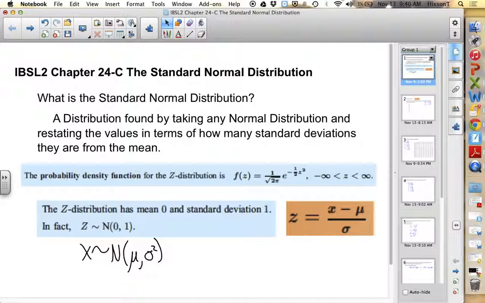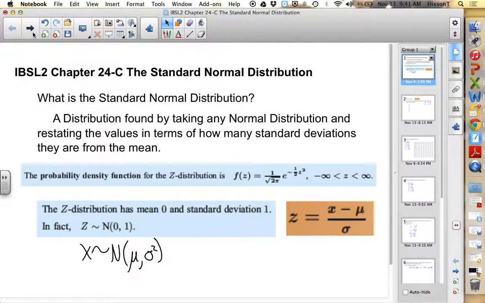That's the part that makes the mean 0. Alright? Dividing by sigma is what converts all those scores to standard deviations. Okay? So this part shifts it so our mean is at 0. This part converts it to standard deviations.